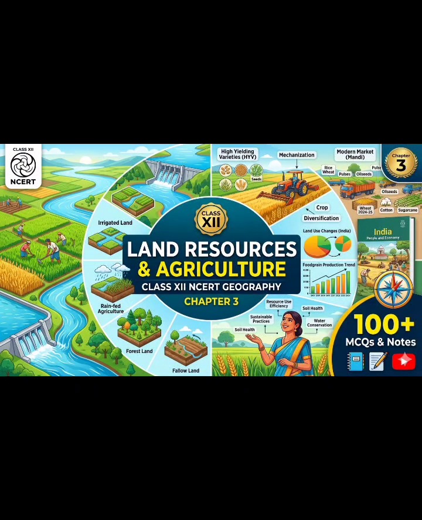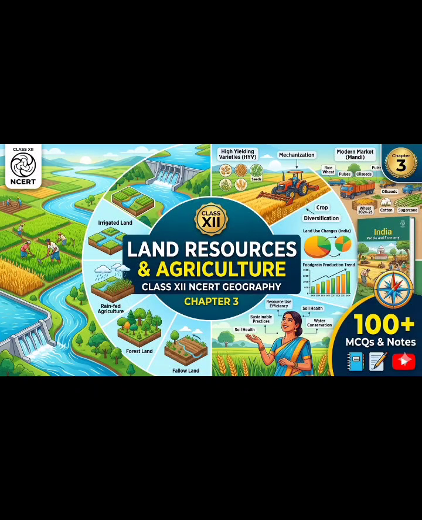The decline in land under pastures and grazing lands can be explained by pressure from agricultural land. Illegal encroachment due to expansion of cultivation on common pasture lands is largely responsible for this decline.